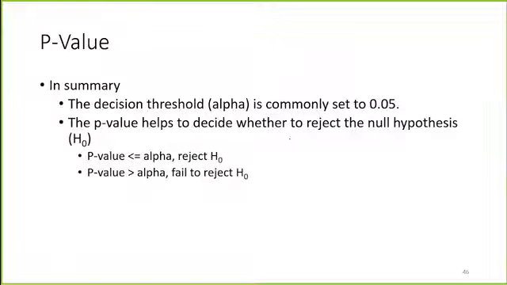We use this p-value to reject if it is less than or equal to alpha. If the p-value is greater than alpha, we fail to reject. This is the idea of hypothesis testing, but in reality there are hundreds or thousands of hypothesis tests available, depending on what you want to test.